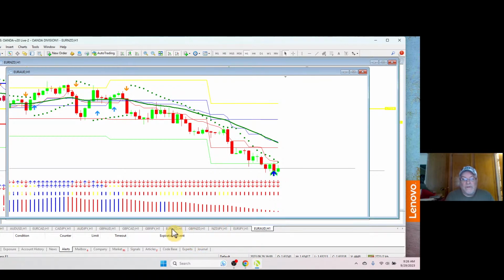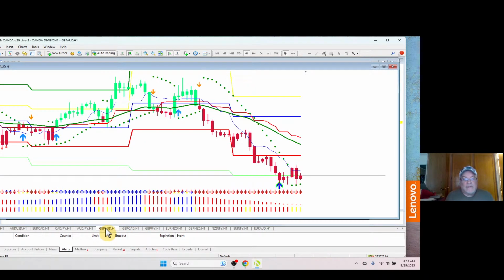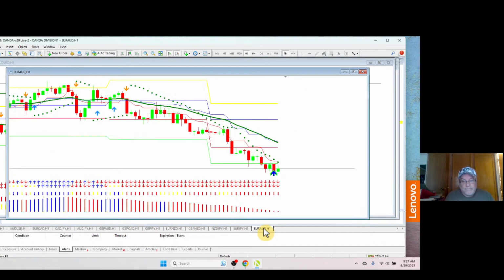We need to see Euro New Zealand. Nothing. Pound Aussie. Nothing. It's trying to push up again a little bit. So the waiting game is going on.